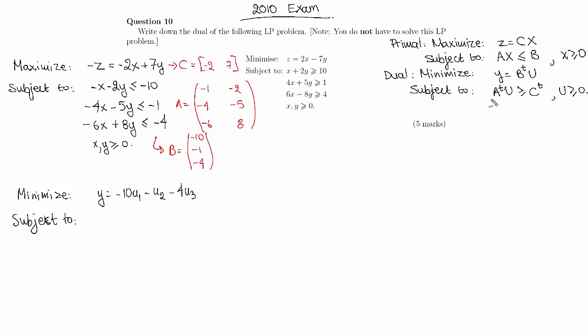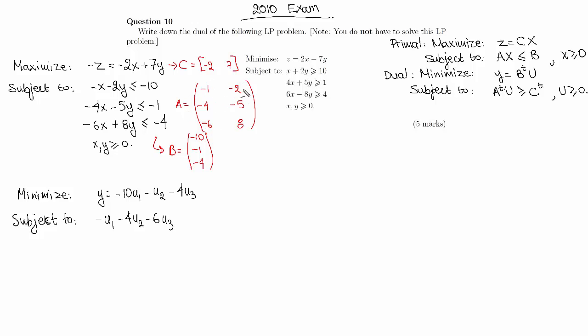to, we have A transpose U, so since A transpose will give us one constraint from here and one from here, we can write down minus U1 minus 4U2 minus 6U3, that's for the first inequality.